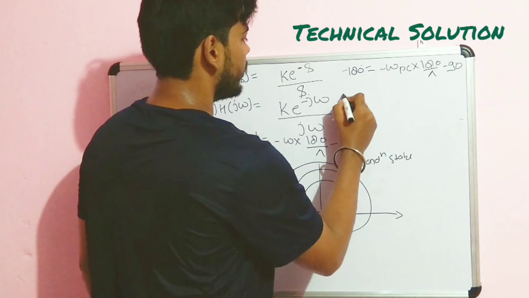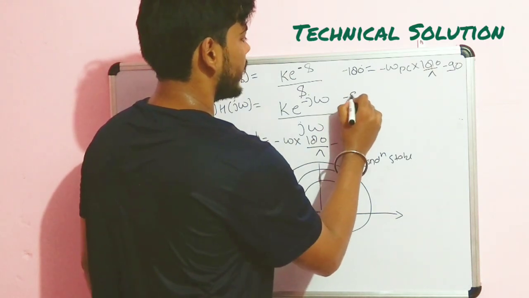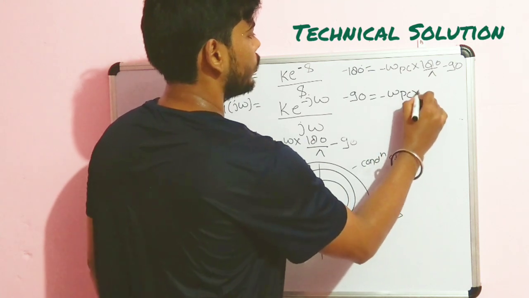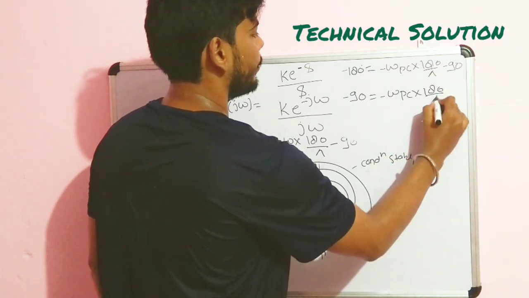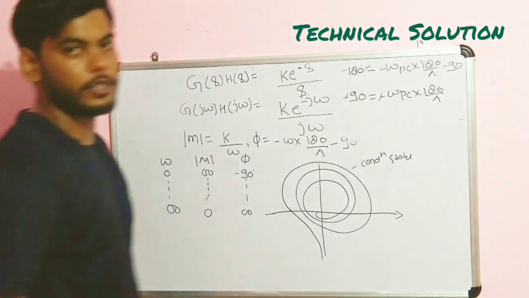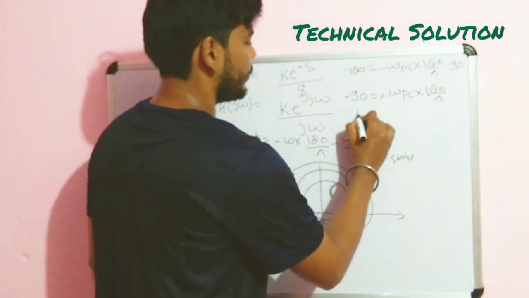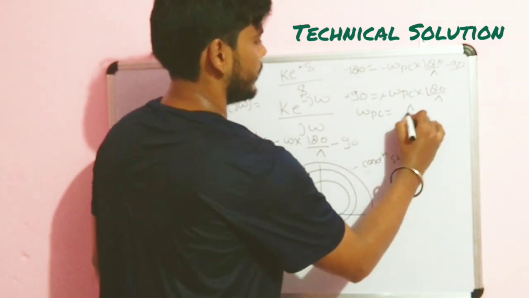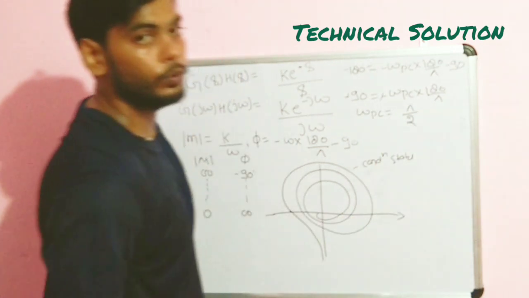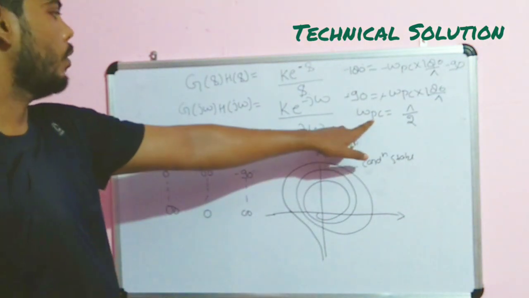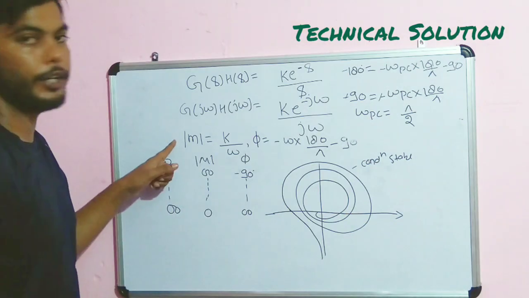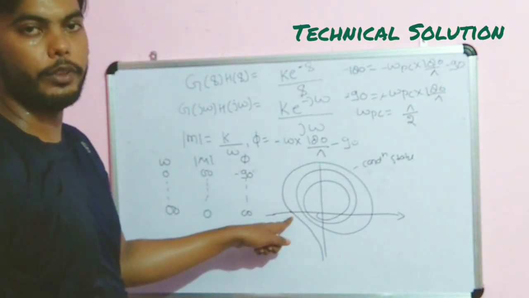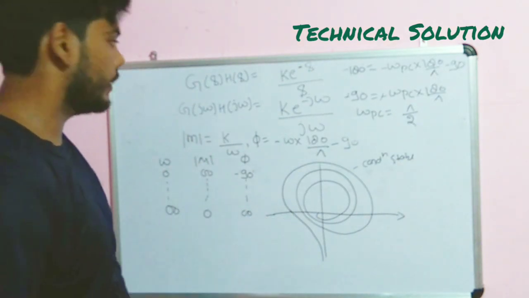When we solve this equation, minus 90 is equal to minus omega PC into 180 upon pi. The negatives cancel out, so omega PC becomes pi by 2.